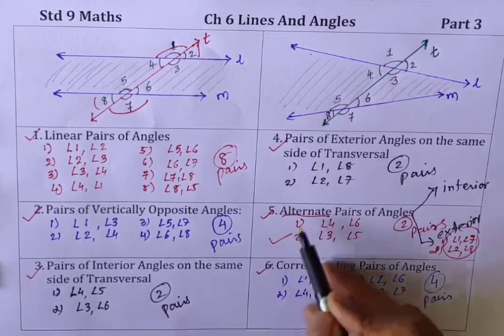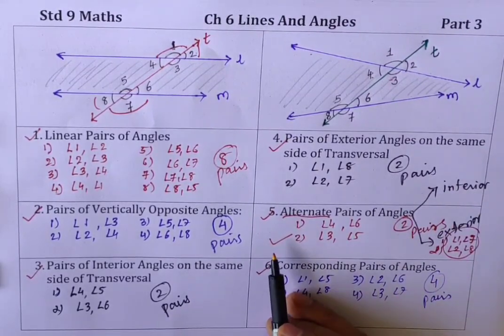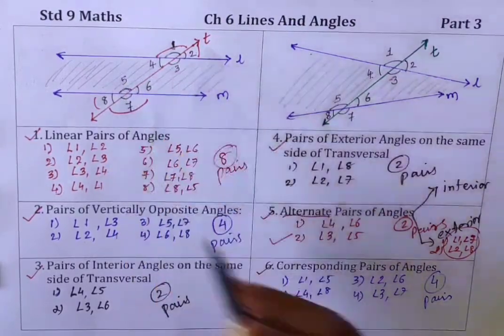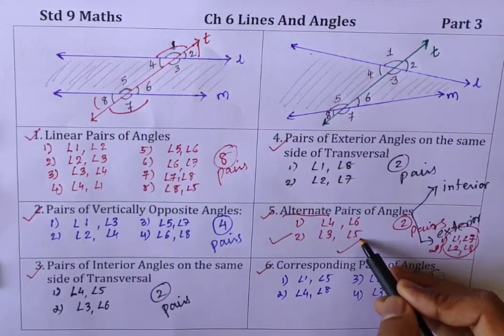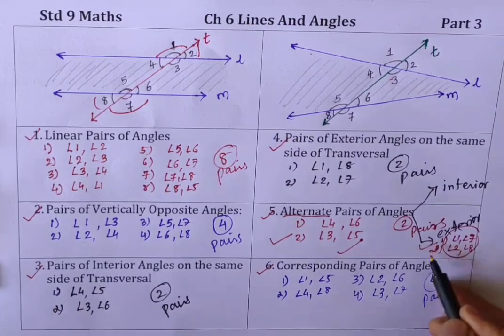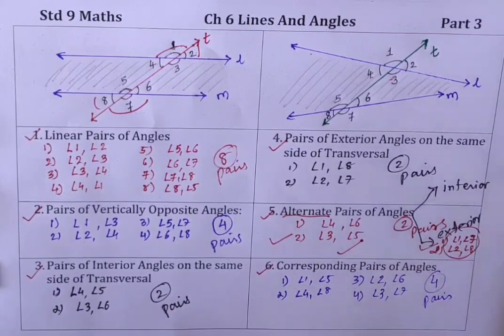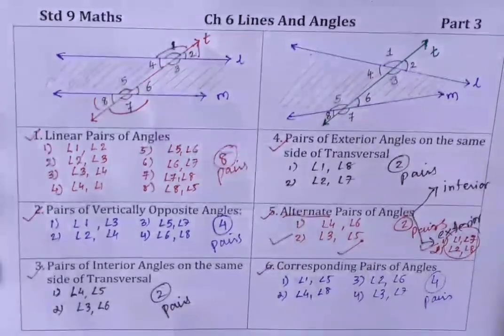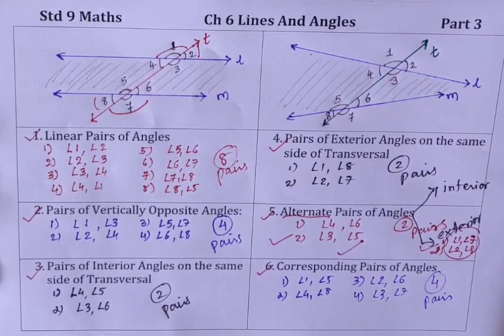These are alternate pairs of angles in the interior. They are always equal, whether alternate in the exterior or interior. I hope that is not confusing for you. It's clear to you, right?